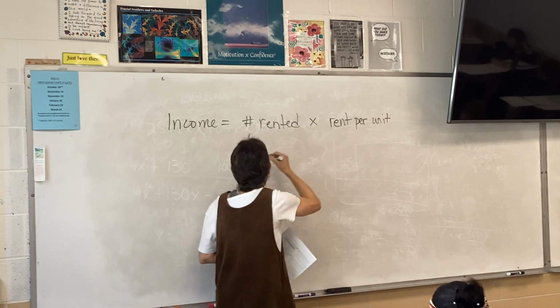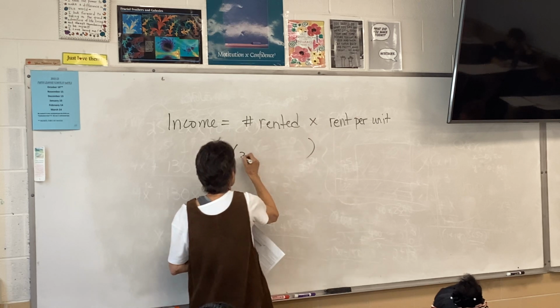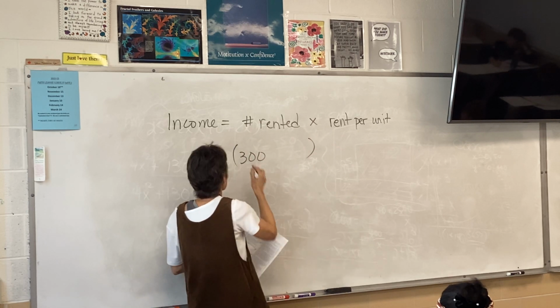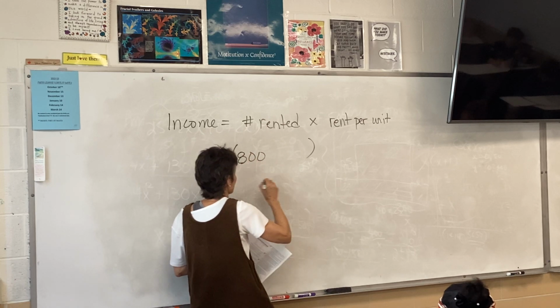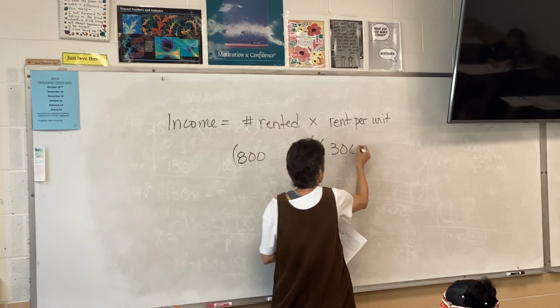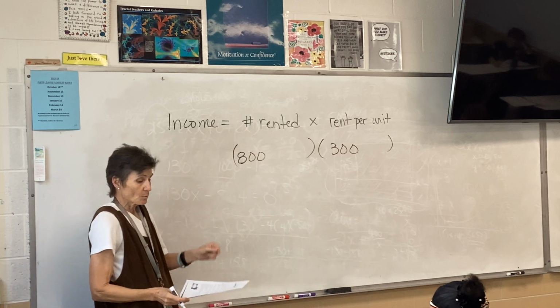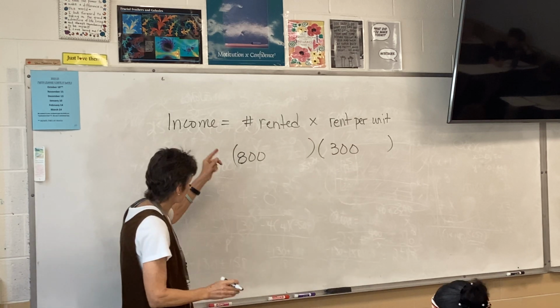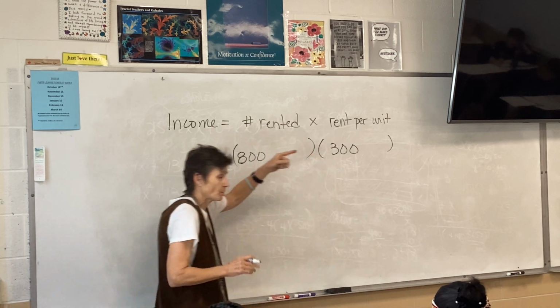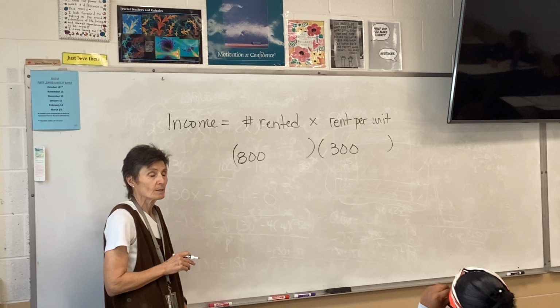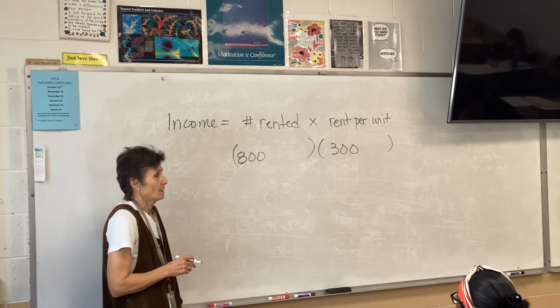So right now, the 800 is the number rented, and the 300 is the rent per unit. So this guy right now is making whatever that is, 240,000, when you multiply those two together. Okay, but what's happening?